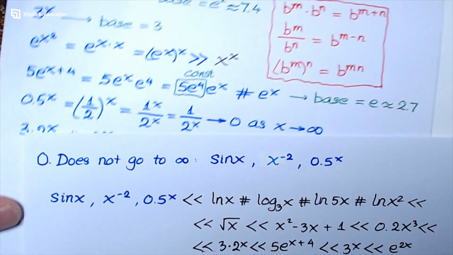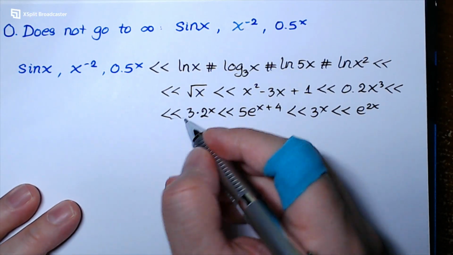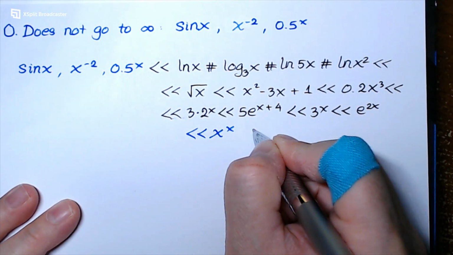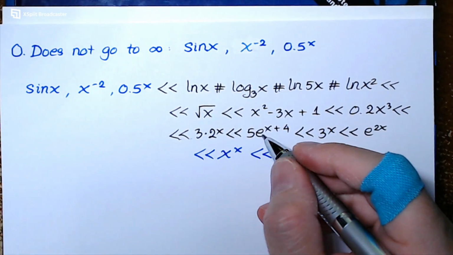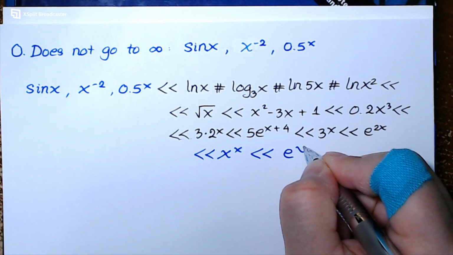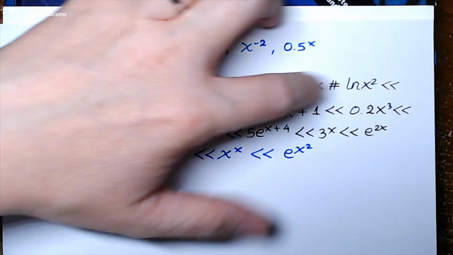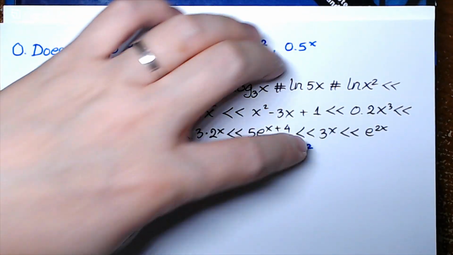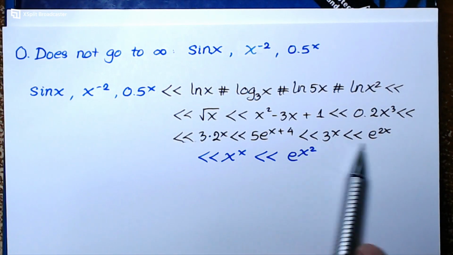Okay, and after that, the tower function. But even then, the tower function is not the fastest. The fastest of all of this is e to the x squared. So let's say 1, 2, 3, up to 16. Yes, so all 16 of them will be in that order.